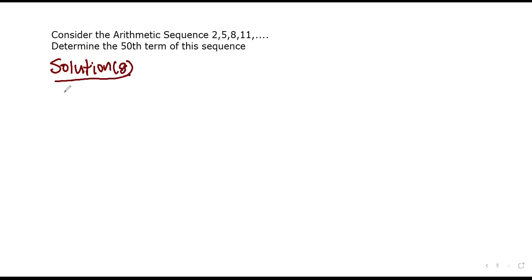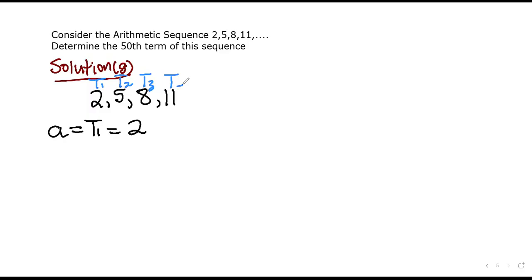You write the sequence that you are given, which is 2, 5, 8, and 11. Our A, which represents our first term, T1, equals 2. Then we're going to find our common difference. Remember, I said before you find the common difference, D, you must write T1, T2, T3, as well as T4.